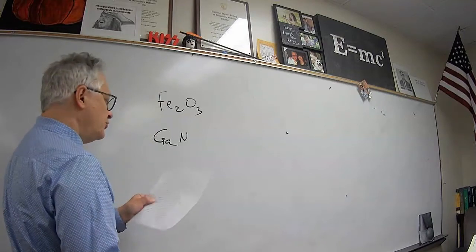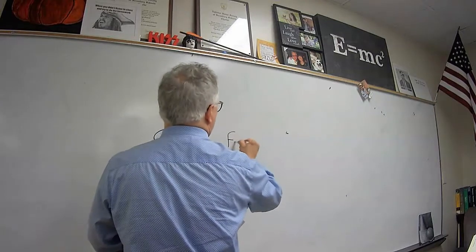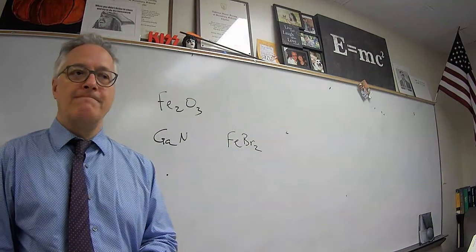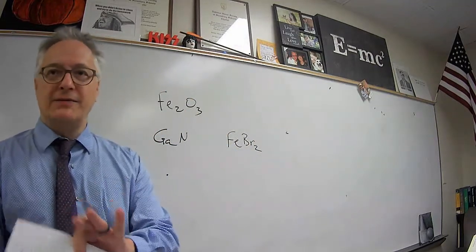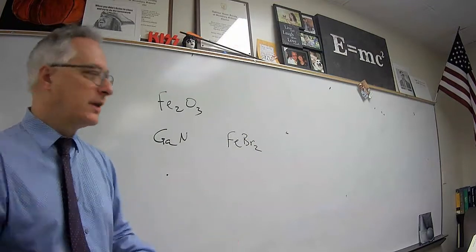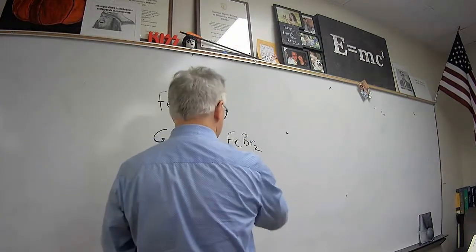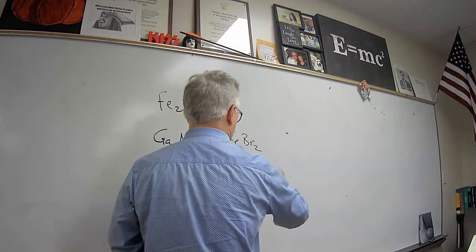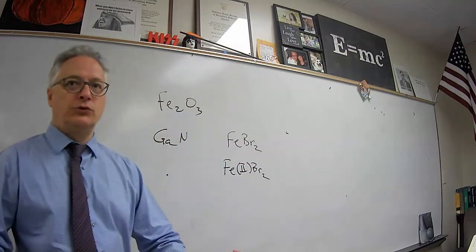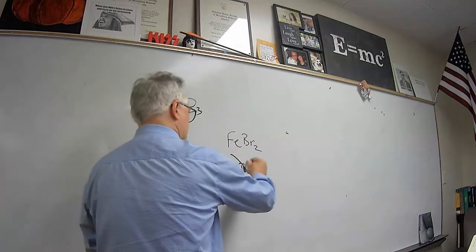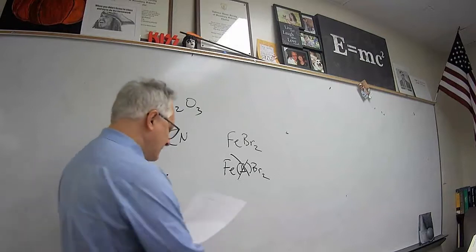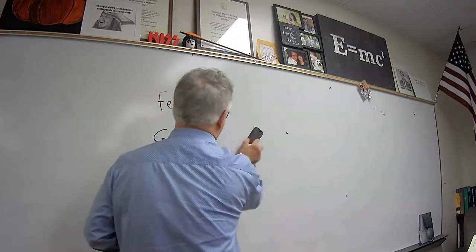Iron 2 bromide. Don't make this mistake. I've seen it happen. People get nervous on a quiz and for some reason they write this as a formula. Don't do that. That's bad. But I've seen it happen. Vanadium 5 phosphate.